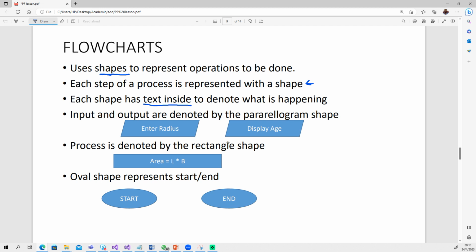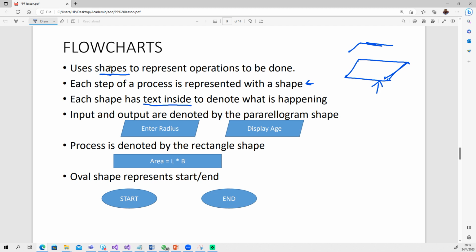For example, there is going to be a shape that looks like this. If a shape looks like this, like a parallelogram, then what this tells you is that it is representing one of two things.